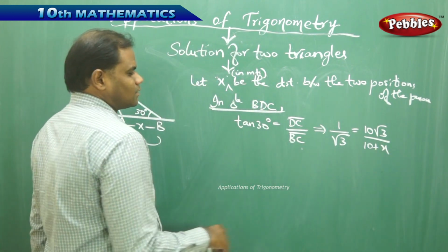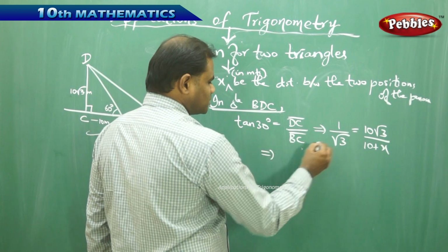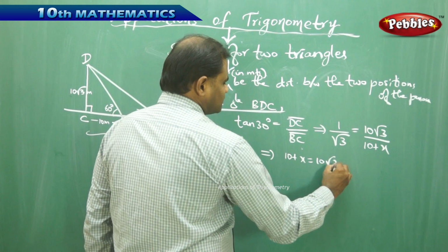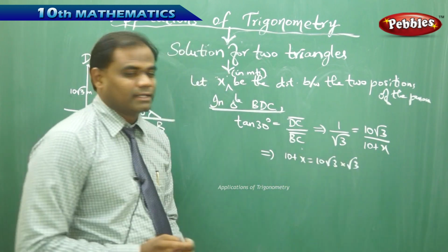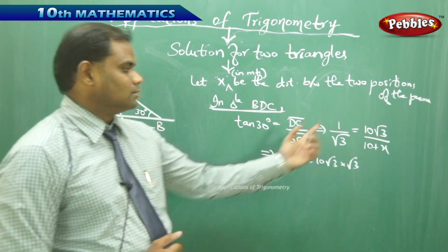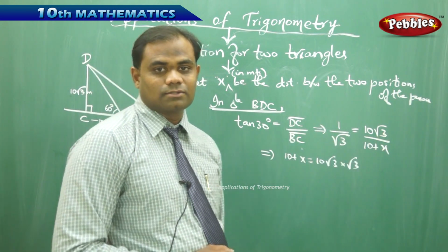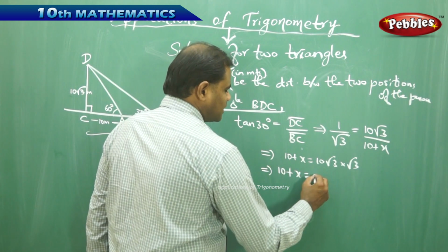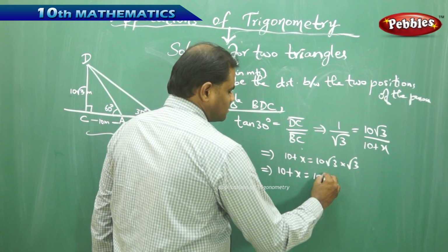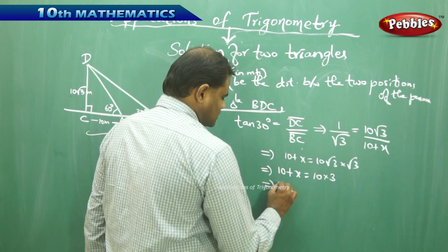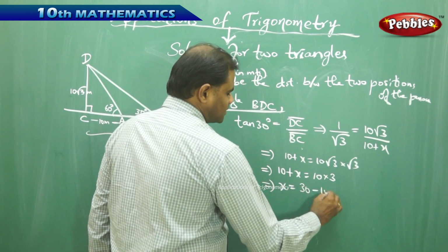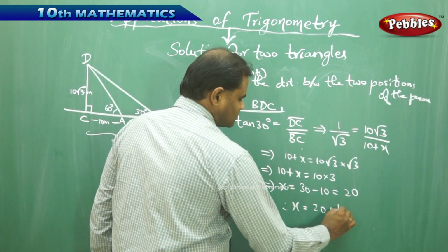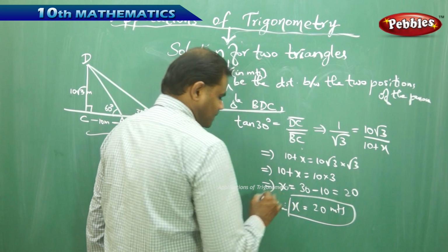Now when I cross multiply this equation, I get 10 plus x is 10 root 3 times root 3. Simplifying further, 10 plus x is 10 times of root 3 times root 3, which is 10 times 3. So x is 30 minus 10, which is 20. Therefore x is 20 meters.